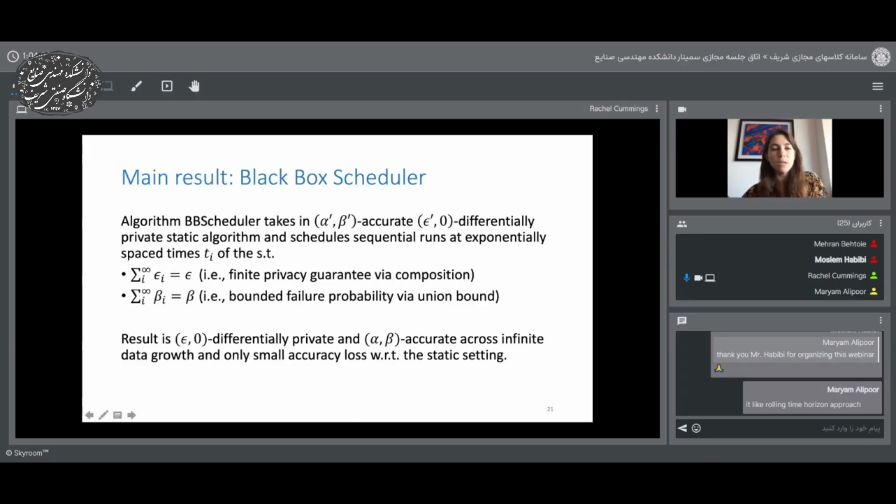If you don't space those out correctly and tune the epsilon parameters appropriately, you're either going to have your total privacy loss summing to infinity, which is not good, or you're going to have to add so much noise to achieve very small epsilon that you have poor accuracy. This is the balance we're trying to make: we're able to get both privacy and accuracy, even in the case of infinite data growth and infinite queries.